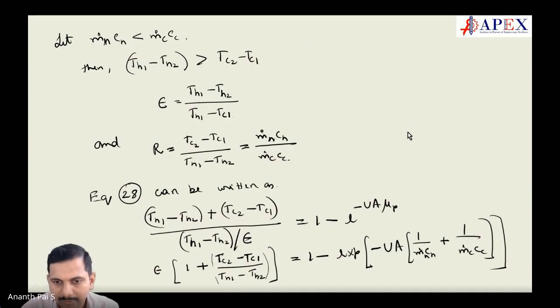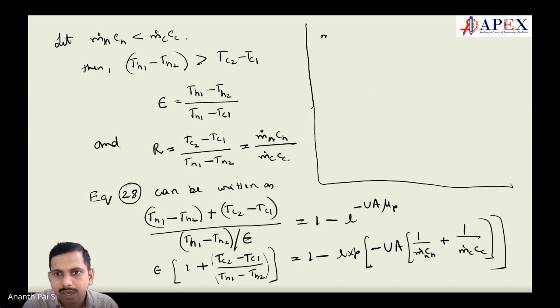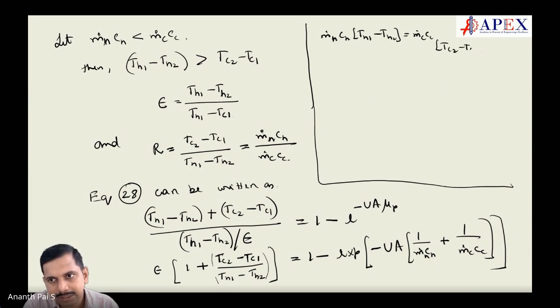Are you clear that m dot h Ch into (Th1 minus Th2) should be equal to m dot c Cc into (Tc2 minus Tc1), correct?